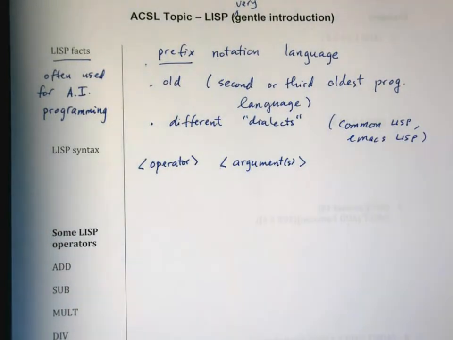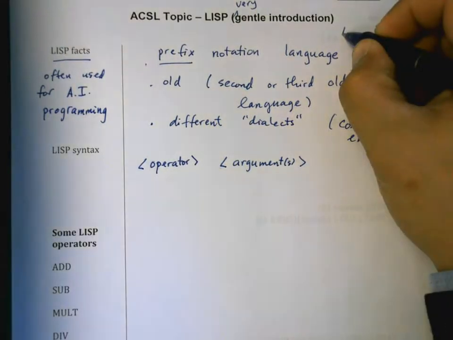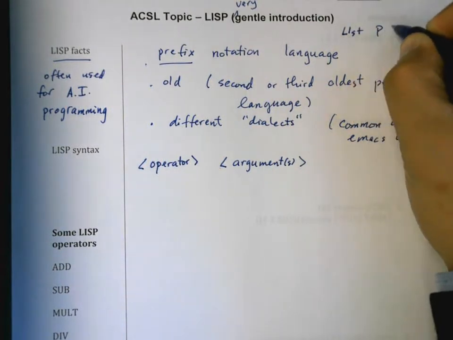There's a data structure like a linked list, and in fact Lisp stands for list programming. It was originally created to deal with lists or data structures.